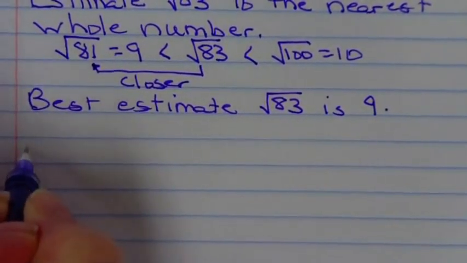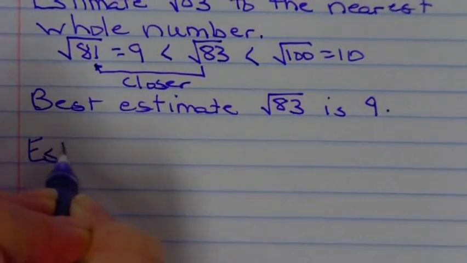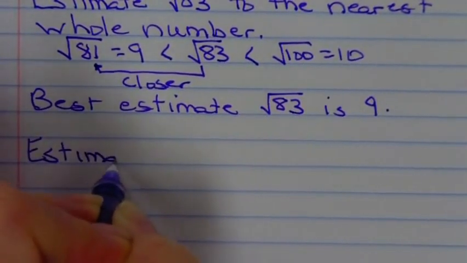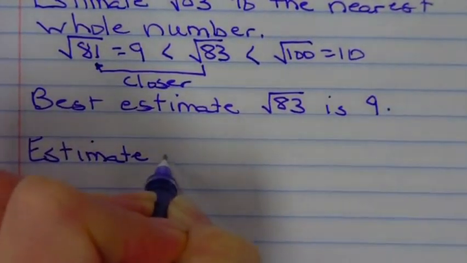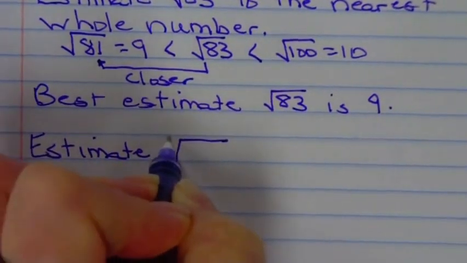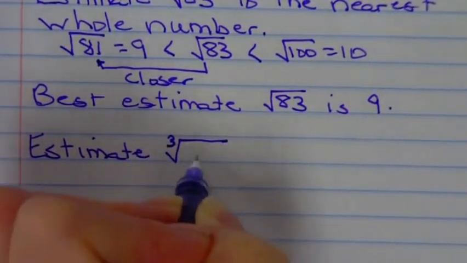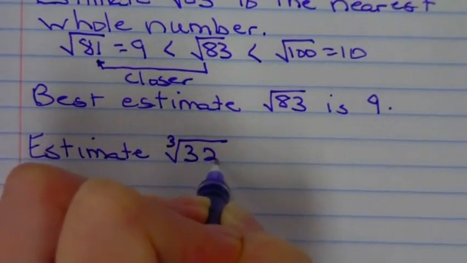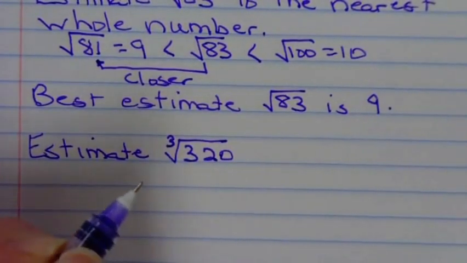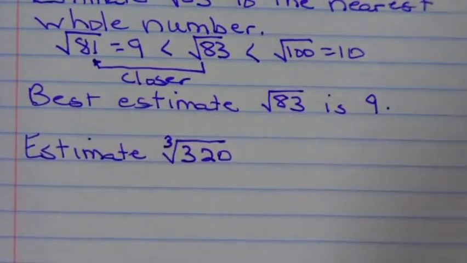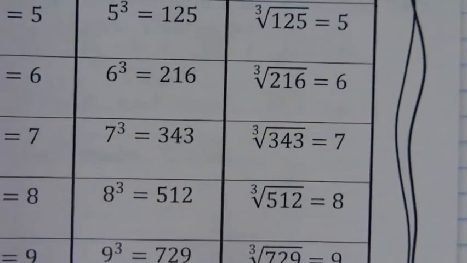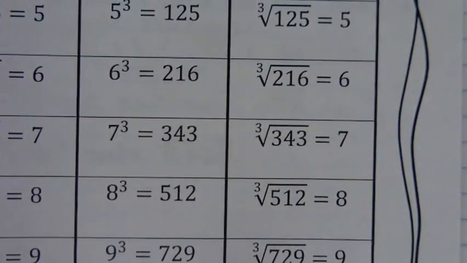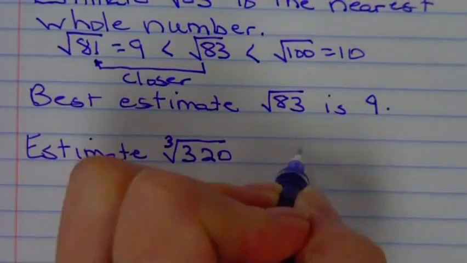Okay, now we're going to estimate the cube root. Remember to put your little 3 out front. Cube root of 320 to the nearest whole number. So look at your cube roots. Find two that are close to 320. Yep, you got it.